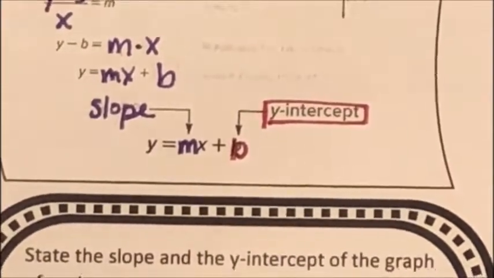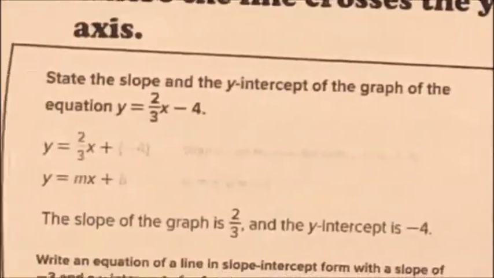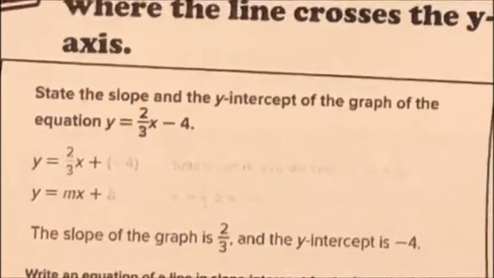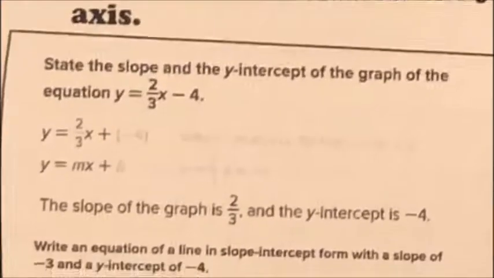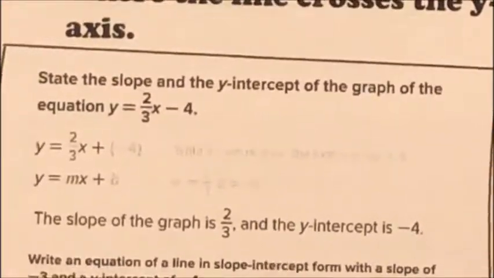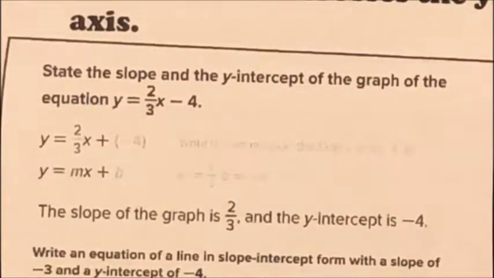Okay. So let's look at a couple of examples. So the first one I have up here is state the slope and the y-intercept of the graph of the equation y equals 2/3 x minus 4. So realistically, I don't actually even need the graph. I can look at this and go back and look at my formula.